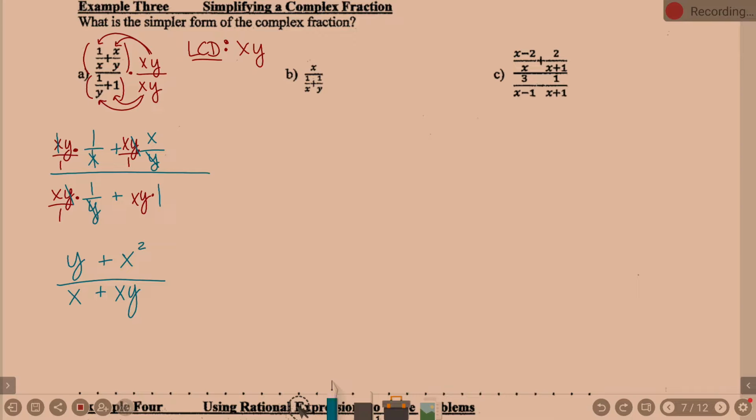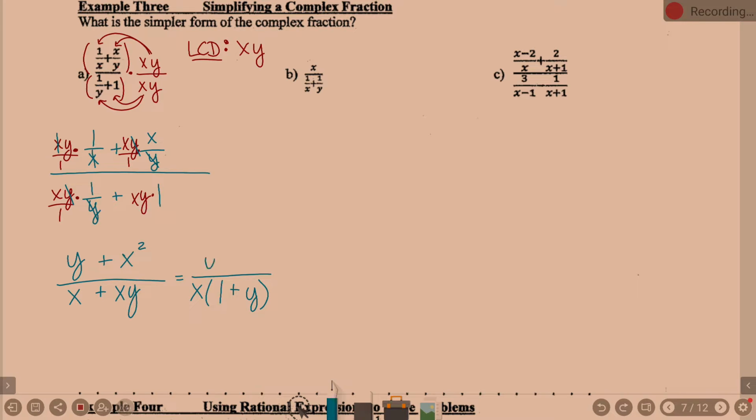Is there any factoring? Technically, there is a small piece of factoring. What do my bottom two terms have in common? An x. So you can technically factor out an x on bottom. And if I factor out an x on bottom, what's x divided by x? 1. Plus, what's xy divided by x? y.